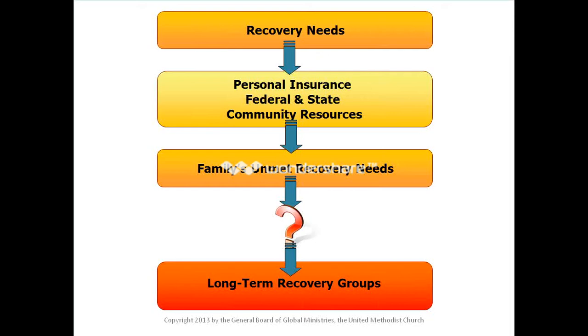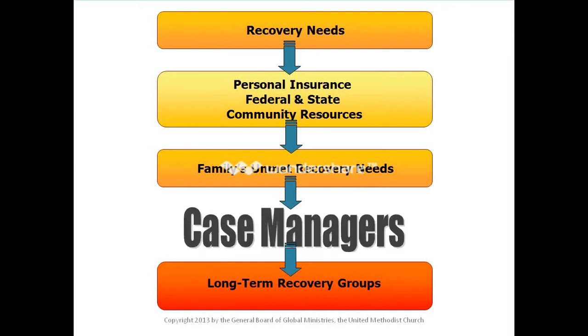So how do survivors access the materials, the funds, and other resources of disaster recovery organizations? Case managers. They are the vital link between the survivors' verified needs and the resources available through the coordinated efforts of voluntary organizations and community partners.